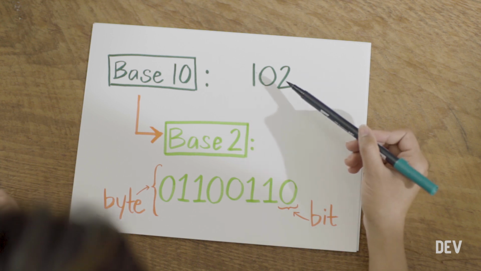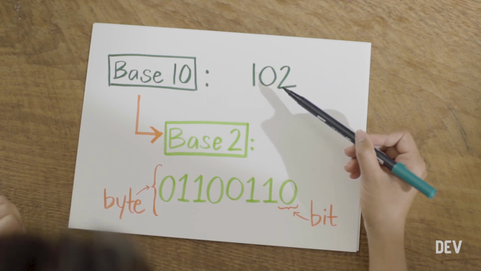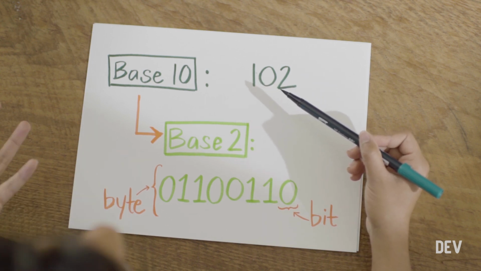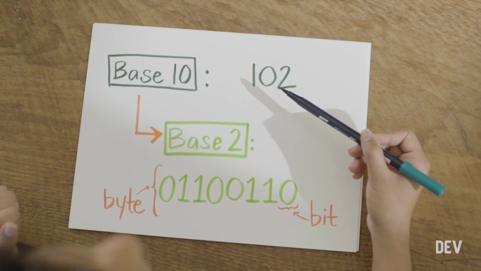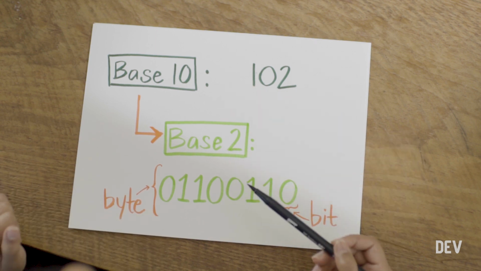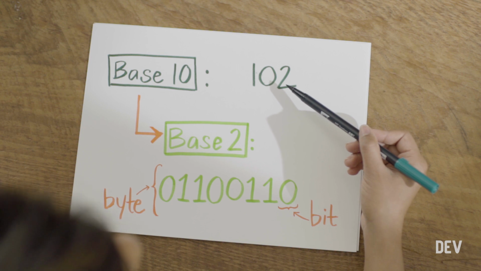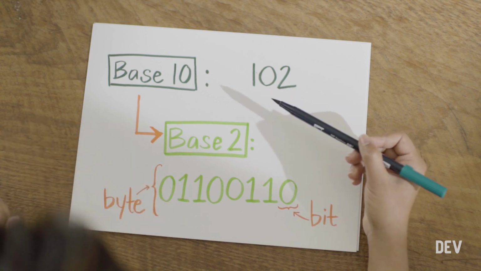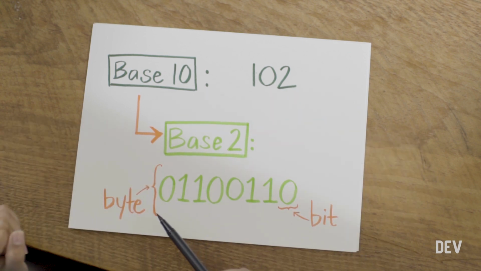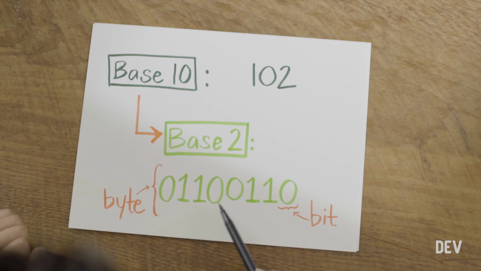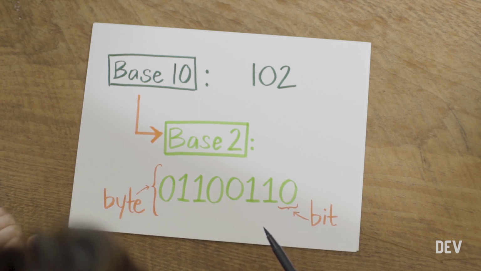Well, let's take something simple like a number. So here we have the number 102. But how would the computer read this? What does 102 look like in binary? Well, when we convert 102 into binary, it reads as 011001110.